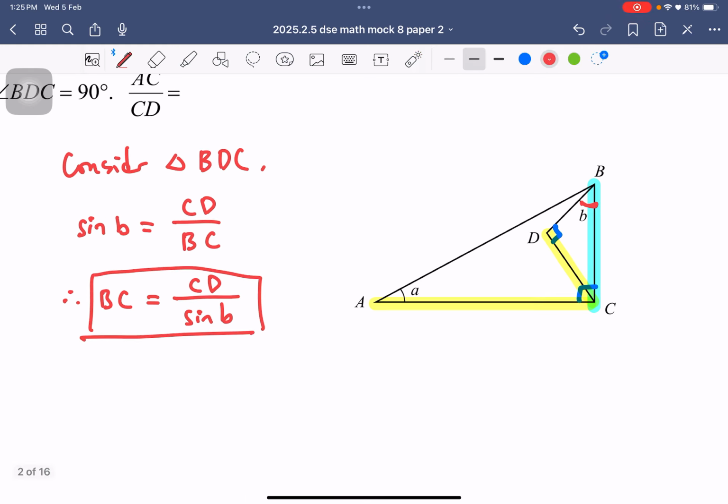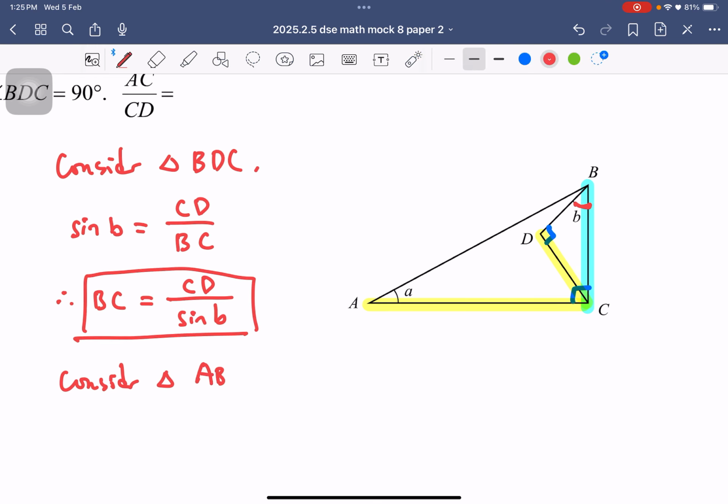So after that, we need to consider triangle. Which triangle we can consider? These two sides, isn't it? So we need to consider the triangle ABC. ABC. Then this is the angle A. Then this side is the adjacent, and this side is the opposite.